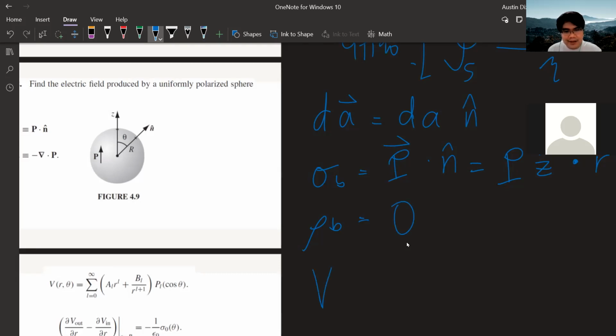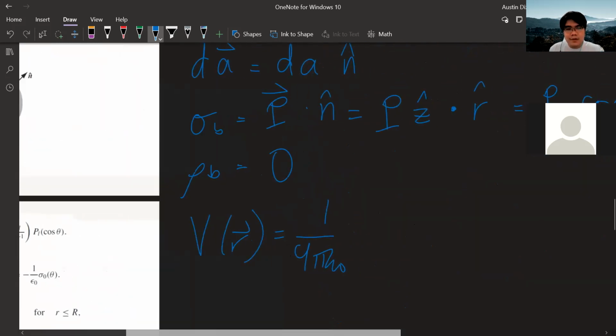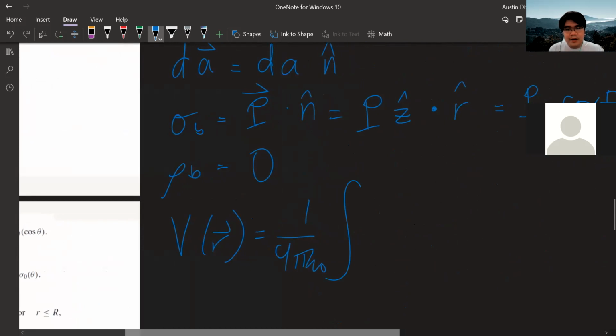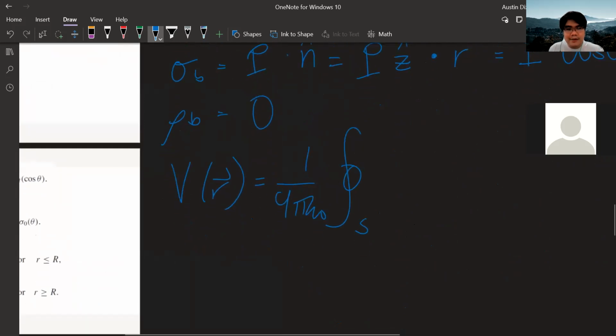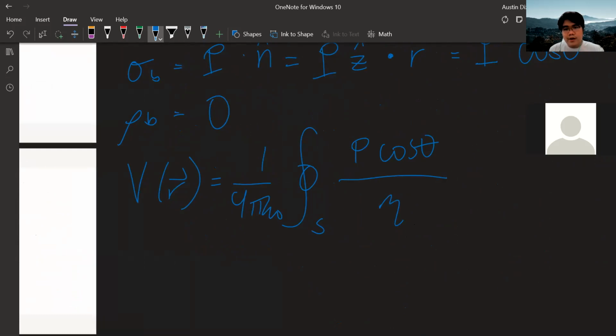Now I can write my potential. Very systematic lang. R, 1/4 pi epsilon naught, as integral of some surface, close natin, and sigma, I plug in my sigma, which is P cosine theta, P cosine theta over R dA.